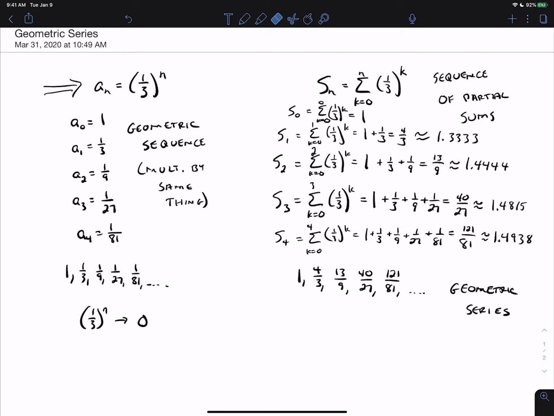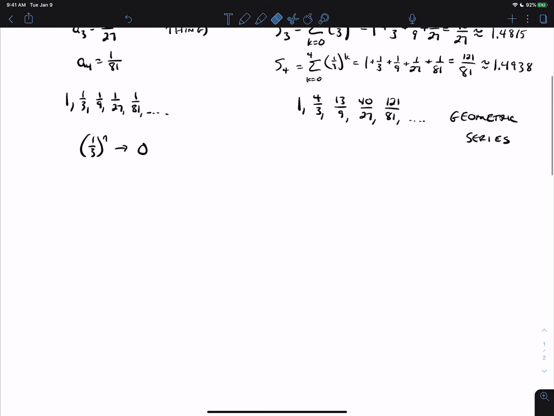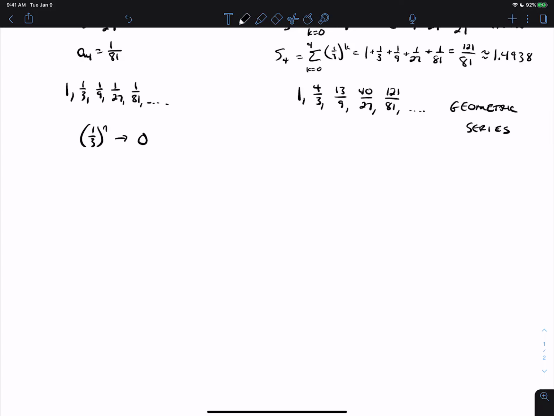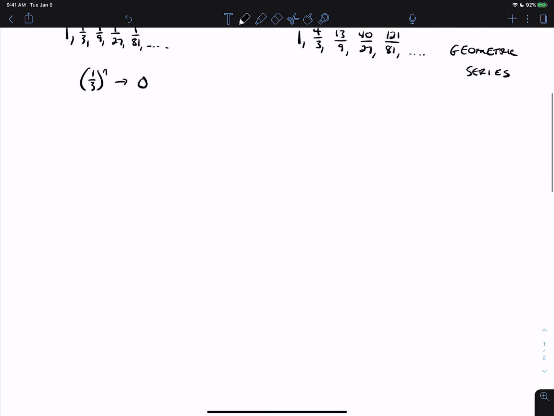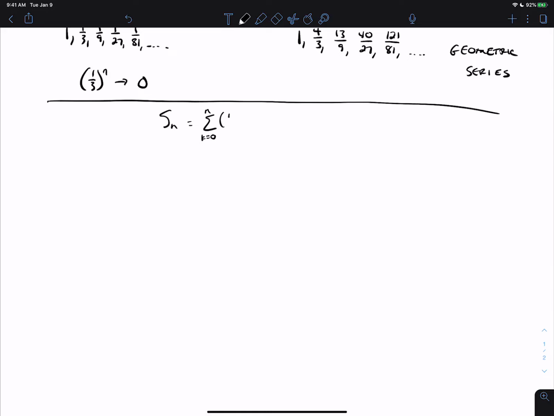So let's look at a way to get a formula for the nth partial sum on the one on the right. So we're going to scroll down, and we're going to still use that series. So we've got Sn is the sum k equals 0 to n of 1/3 to the k.